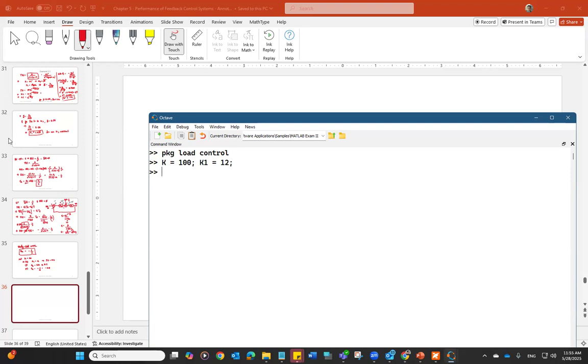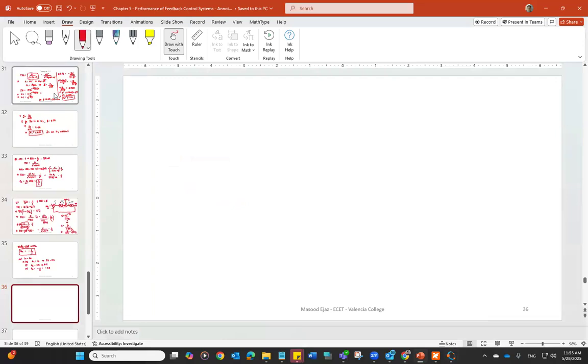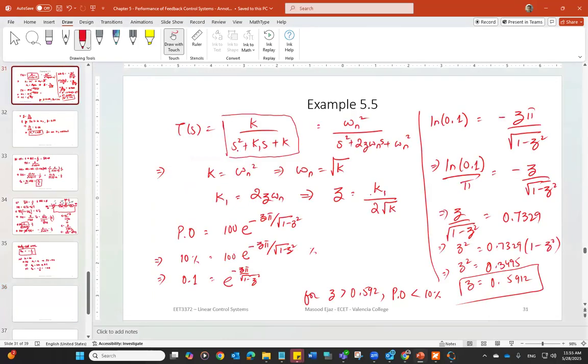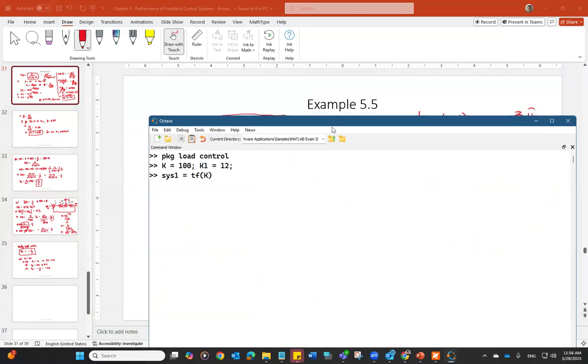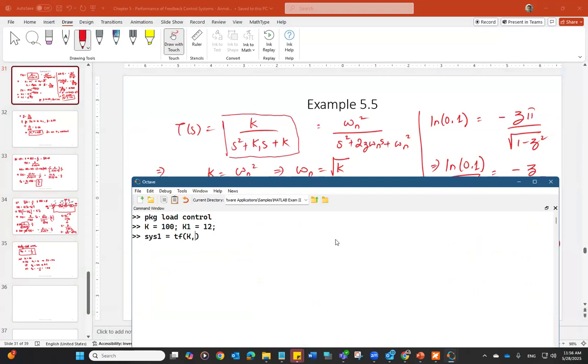And then I'm going to write down my system. So system one is the transfer function for the first one, which is K over S squared plus K1 S plus K. So the numerator is K and the denominator is S squared, so 1, and K1 and K.